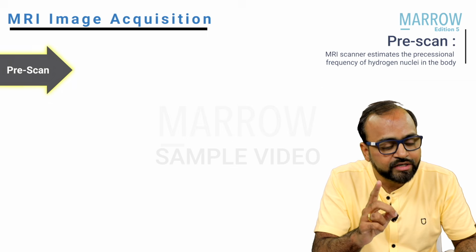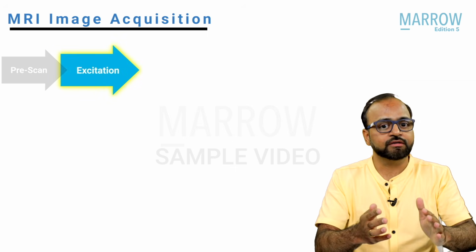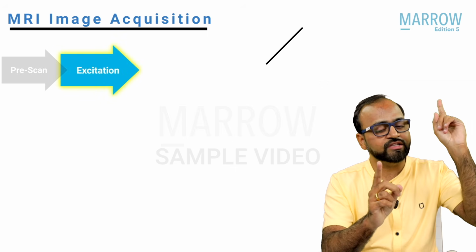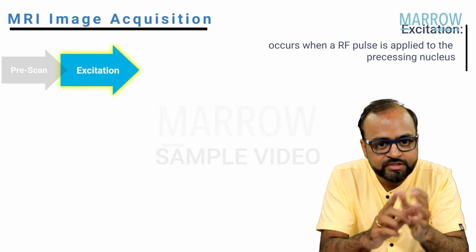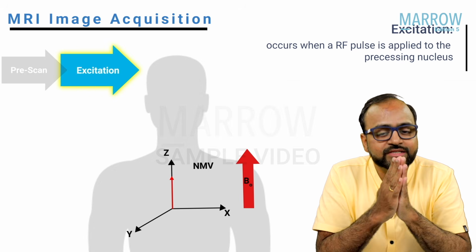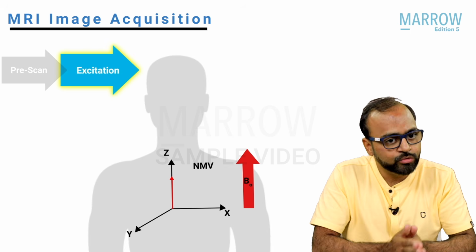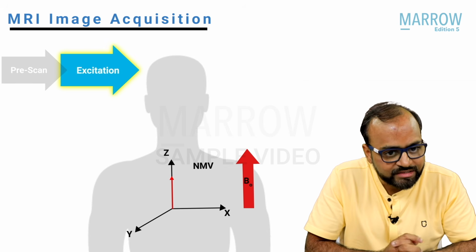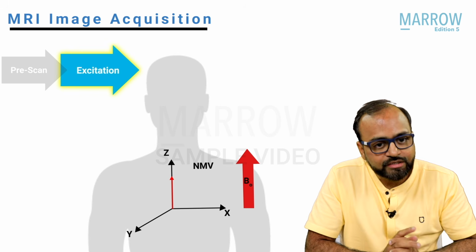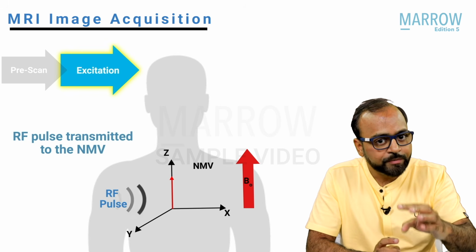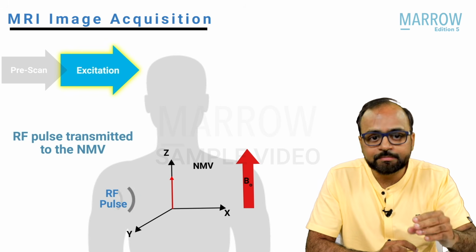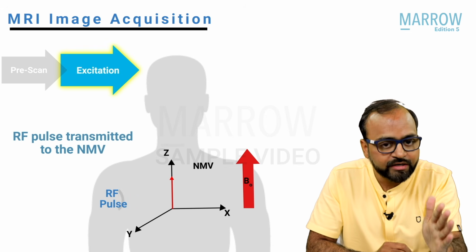Next, therefore, it creates excitation. What is excitation? Excitation is when the radio frequency pulse is applied. See what happens. There is a nucleus oriented parallel to B0, that is along the z-axis. In excitation, a radio frequency pulse is applied to it. Using this radio frequency pulse, some energy is given to that net magnetic vector.